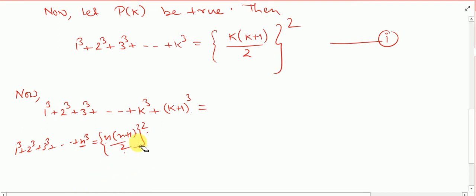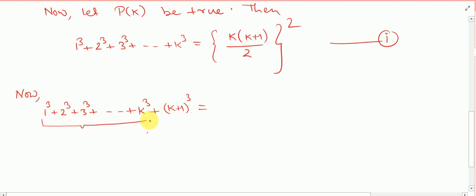Okay, so how are we going to show that? For that we have to use equation 1, and after that simple calculation will help you. So see over here, for this much, on the right I can write k into (k plus 1) upon 2 whole square, then plus (k plus 1) whole cube.